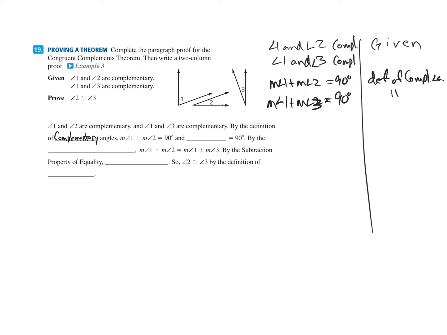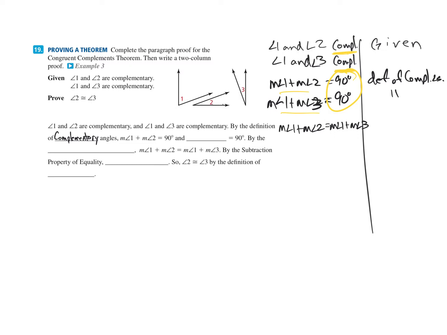That's what complementary means. So where are we getting that? We're getting it from this given part. If they're complementary, that means their measurements equal 90. Definition of complementary angles. Okay, so now it says by the blank, the measure of angle 1 plus the measure of angle 2 is equal to the measure of angle 1 plus the measure of angle 3. So because those two expressions equal the same number, 90 degrees, then we can rewrite them as the measure of angle 1 plus the measure of angle 2 is equal to the measure of angle 1 plus the measure of angle 3.